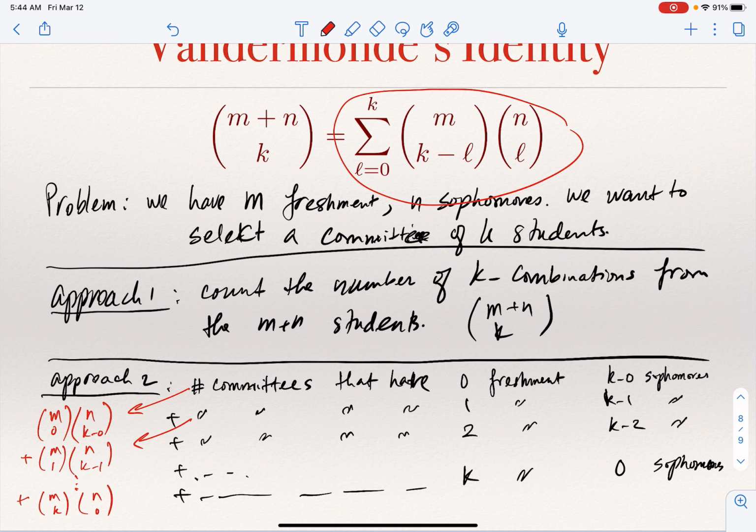So you first look at the equality you're trying to prove, or the inequality, and the approaches that you come to the counting problem with have to be driven by the terms you are seeing in that. It's not an easy approach because you have to think carefully about what the counting problem is to begin with, and what the approaches are that I need to arrive at the left-hand side and the right-hand side.